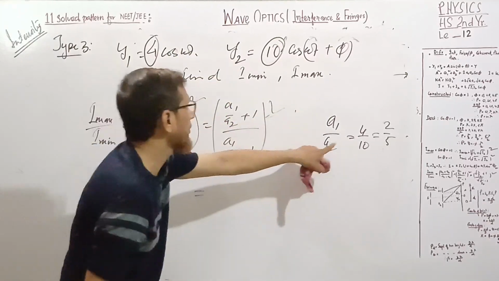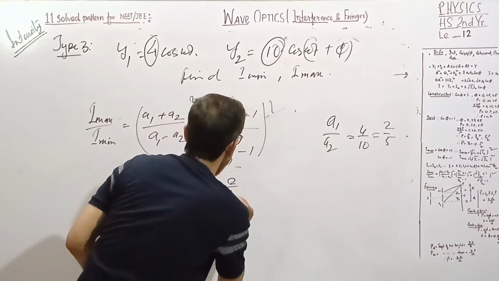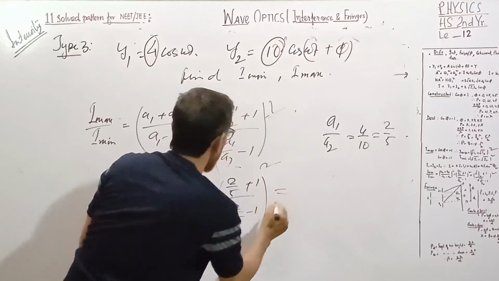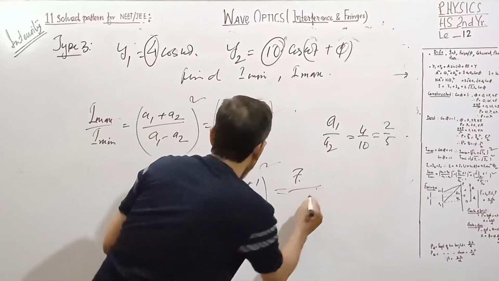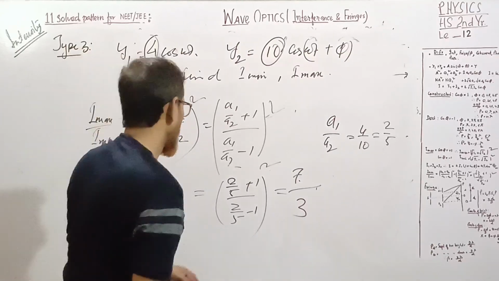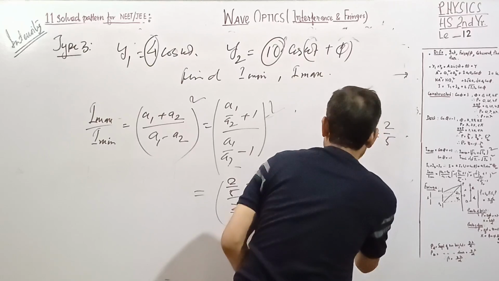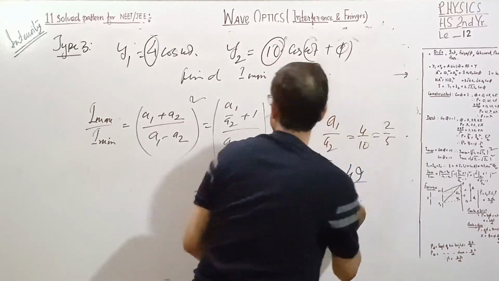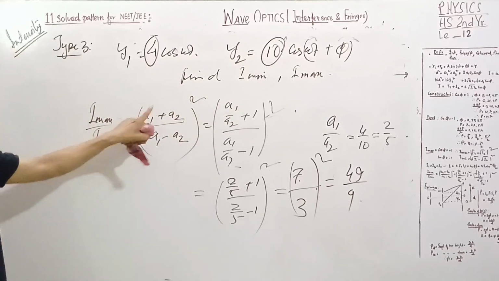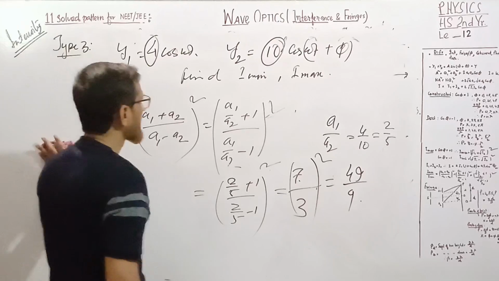So a1 by a2 is equal to 2 by 5, giving (2 by 5 plus 1) whole square over (2 by 5 minus 1) whole square, which is 7 square by 3 square, 49 by 9. Again, it is very simple. From this you find a1 and a2. We write I maximum and I minimum in the form of a1 and a2. Just put the values and you will get 49 by 9. This is type 3.